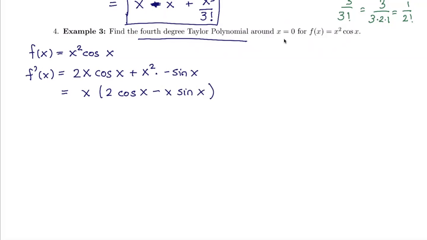I personally used a derivative solver calculator online to help me with the others because this one is a bit difficult to work with. And so the second derivative is going to be 2 minus x squared, the cosine of x, minus 4x, the sine of x.